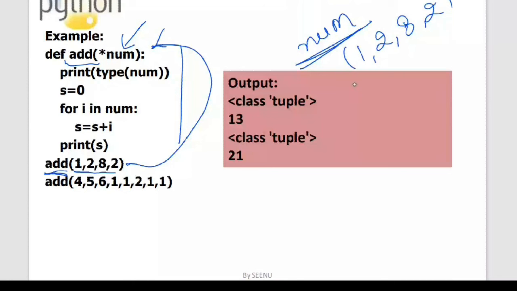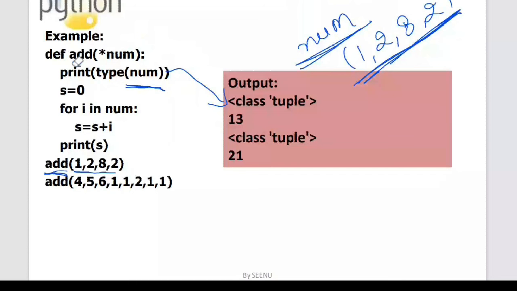If I try to show you the type of the num variable, this is the outcome of this print statement. What is the type of num? It is saying tuple. So internally it is a tuple.